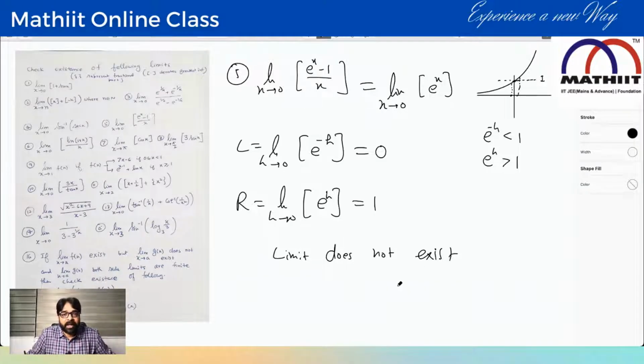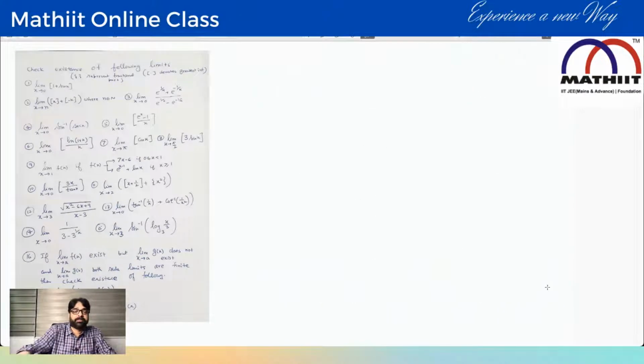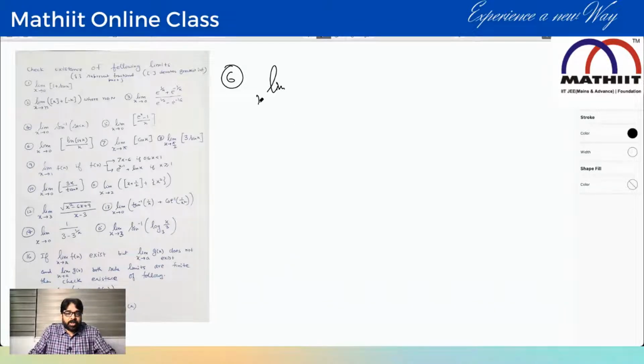Did you understand? Next question, question number 6. I'm deleting this part. Question number 6, we are going to deal with that. Simple assignment here, a very simple assignment. This is not even JEE Main level. Limit x approaches 0, greatest integer of ln(1 plus x) by x.